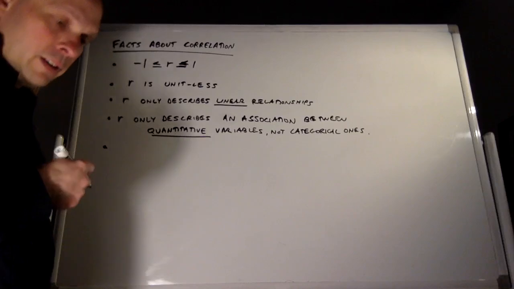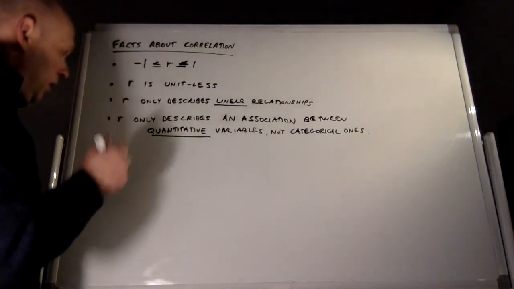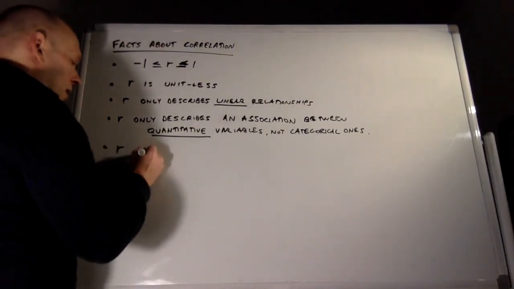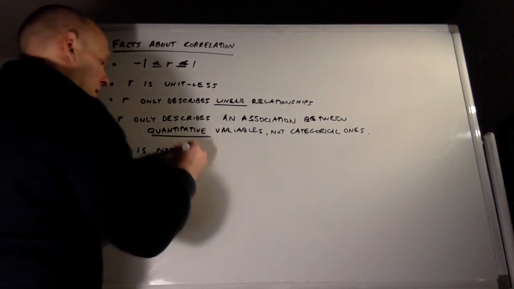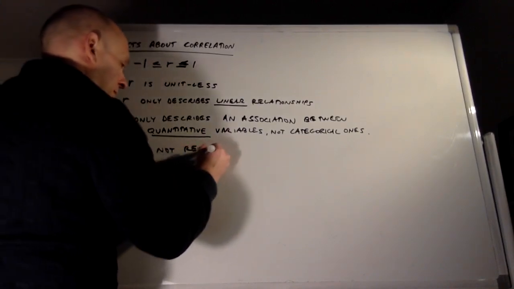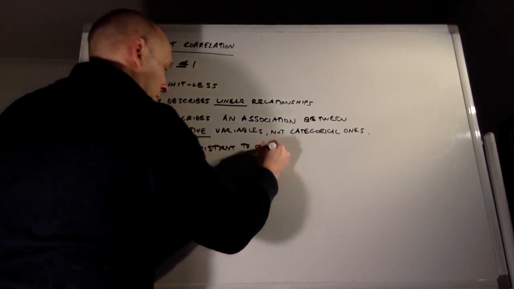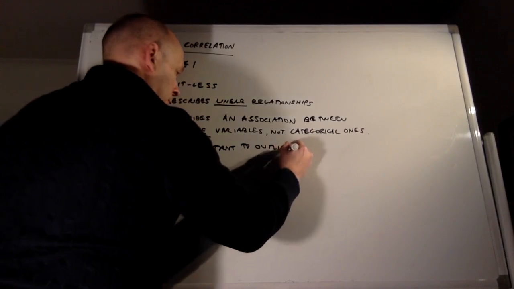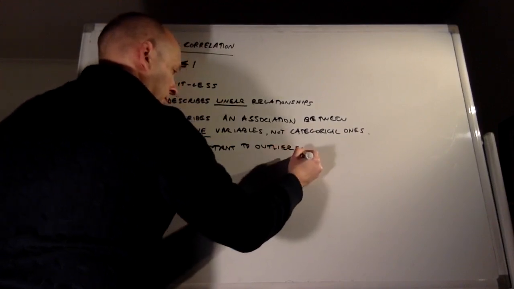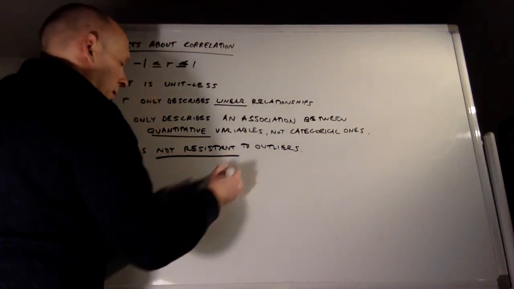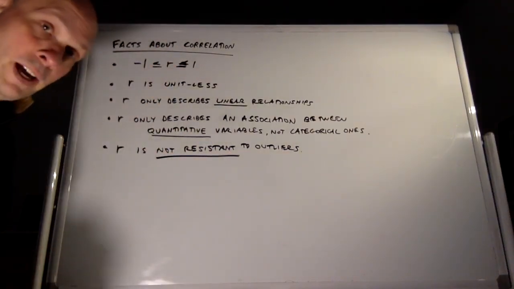Other facts about R. Let's see what else we got here. Another good one. R is not resistant to outliers. So it's not resistant. So outliers will affect your R value.